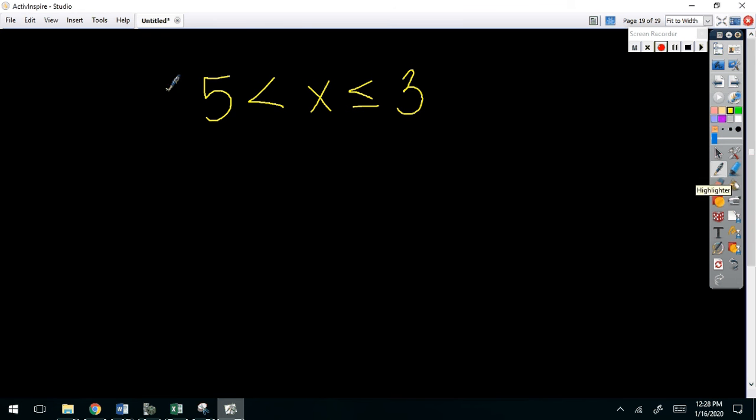Ooh, I wrote that wrong. -5. Yeah, sorry. Up to 3. Where's the bracket? Where's the parenthesis? Bracket on 3, parenthesis on -5. Good job. All right, so sometimes we need more than just one interval, okay?